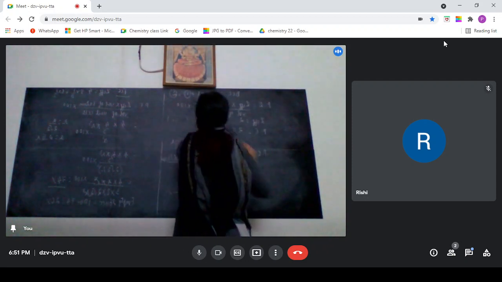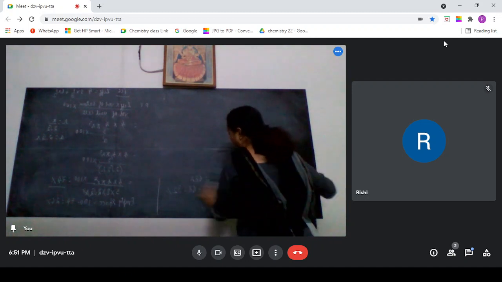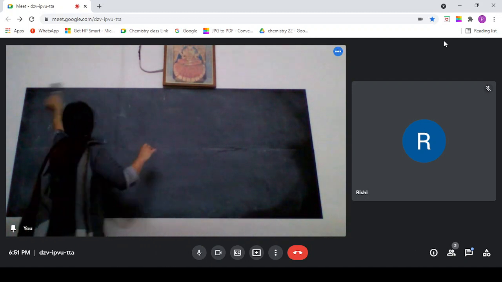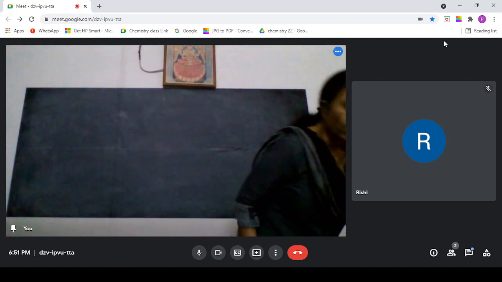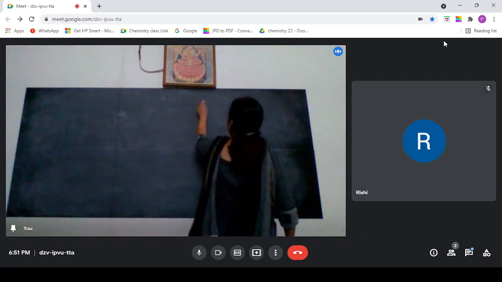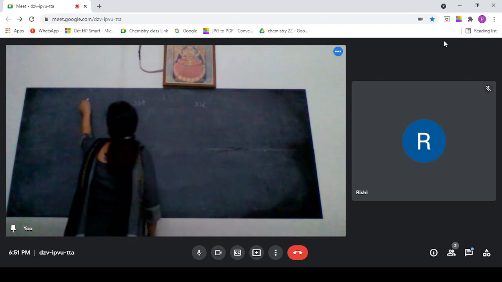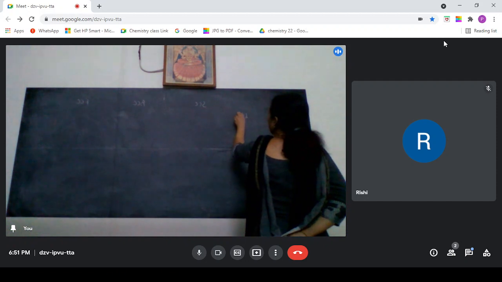So what you have to do now? I will tell you what you have to do. You have to make a table now. What will you write in the table? Simple cubic, body centered, face centered. First you will write the lattice points.